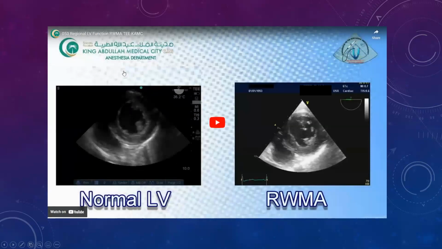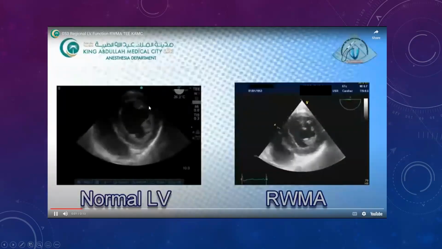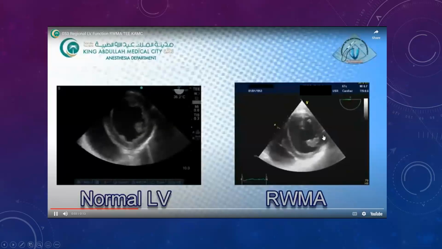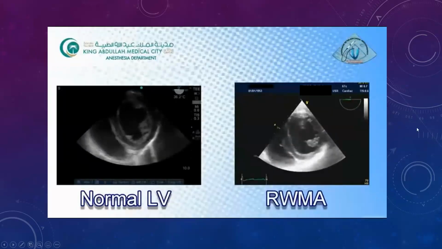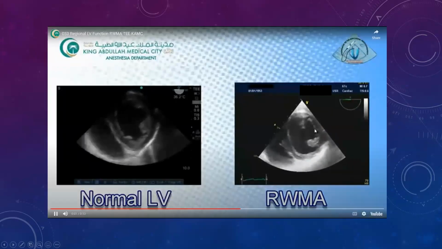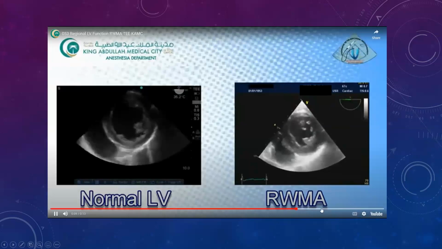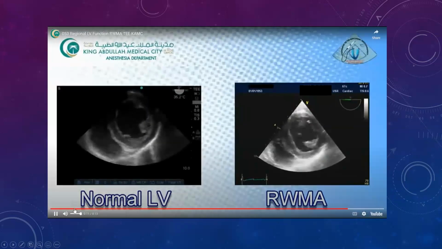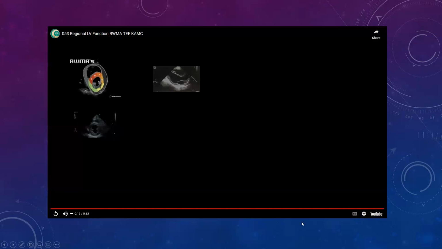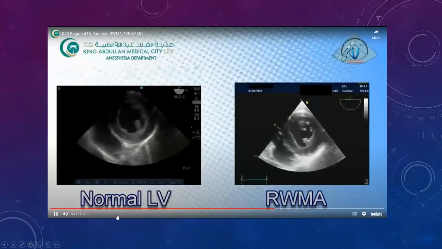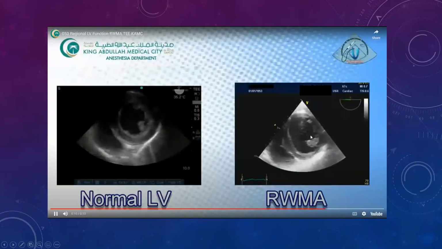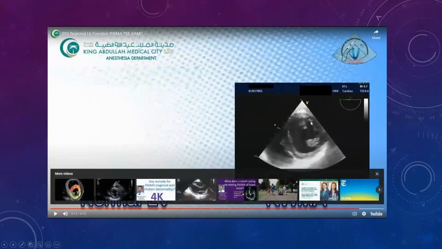And then going to that other high yield view, the transgastric mid-papillary short axis view. We see normal here on the left, and we see very abnormal here on the right. Could someone remind me which wall is this that is hypokinetic or essentially akinetic? That anterior septal? So that's actually going to be the inferior wall.